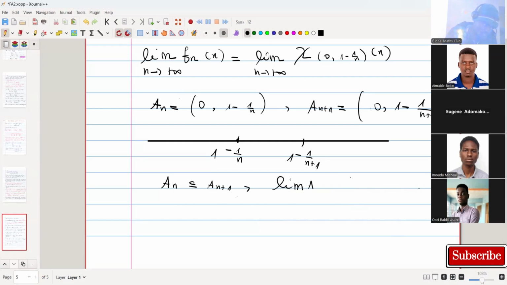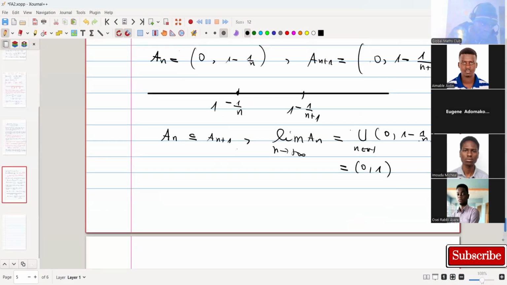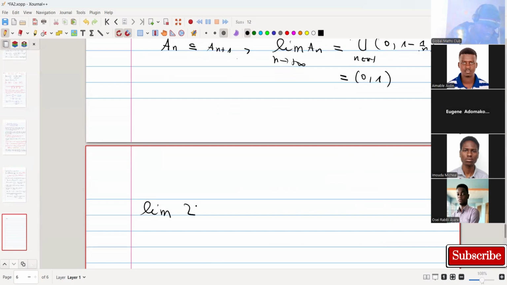So the limit of An as n tends to plus infinity is the union of this, which is 0, 1. Then the limit of the indicator, the limit of fn of x, will be equal to 1 if x is between 0 and 1 and 0 otherwise.